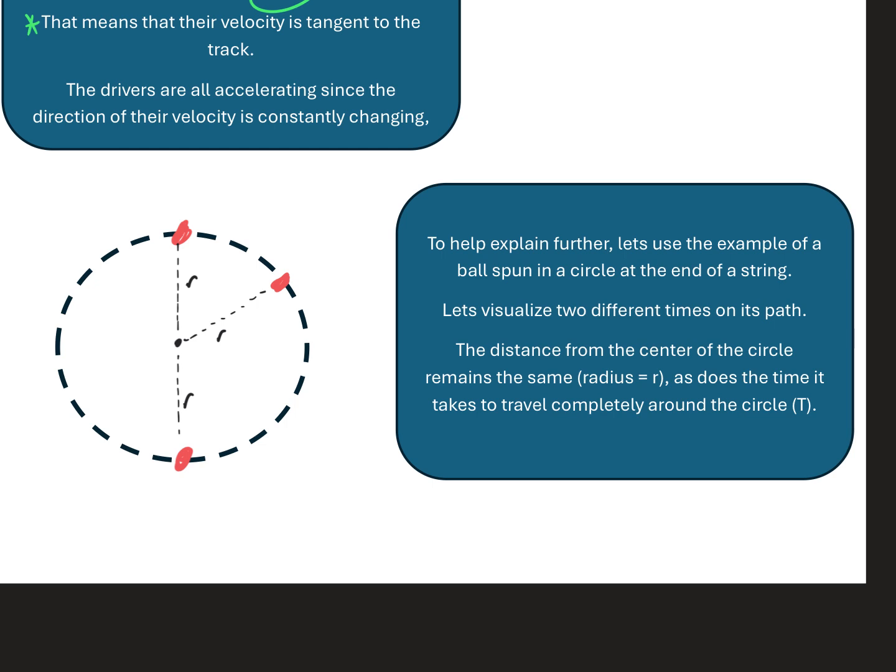That's the radius. The time it takes to travel around that will still be T, the period of motion. And at each one of these, let's assume it's spinning this way. We'll have a tangential velocity going this way, tangential velocity going straight here, and tangential velocity going this way.